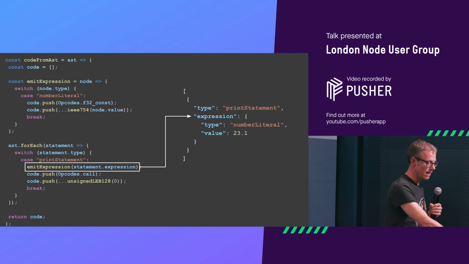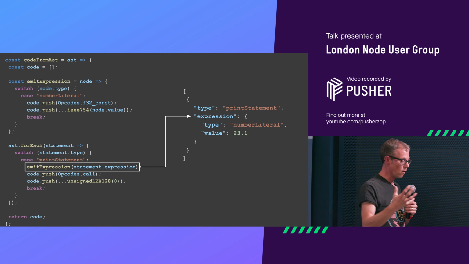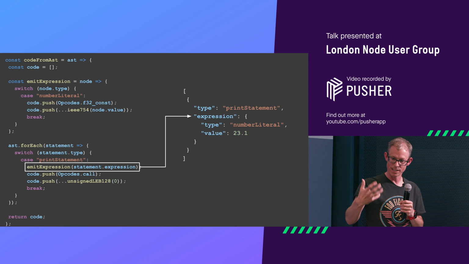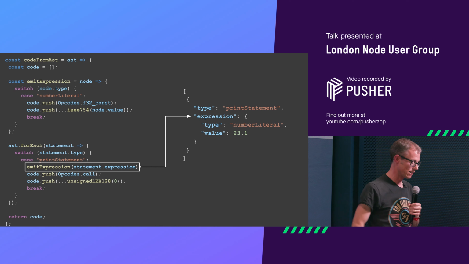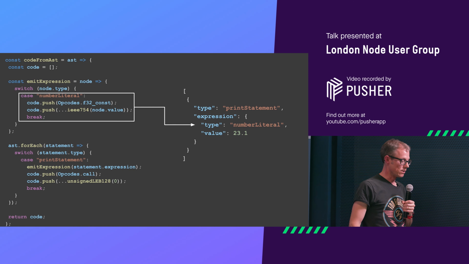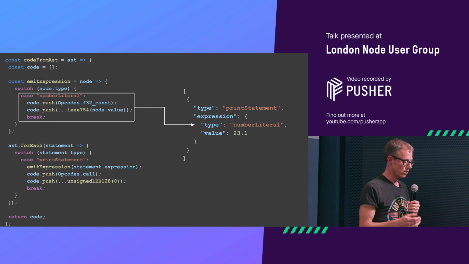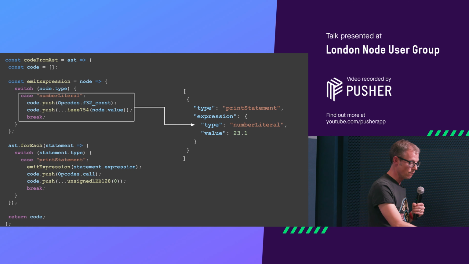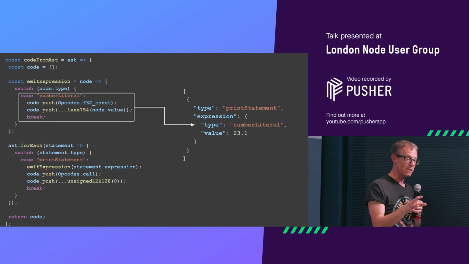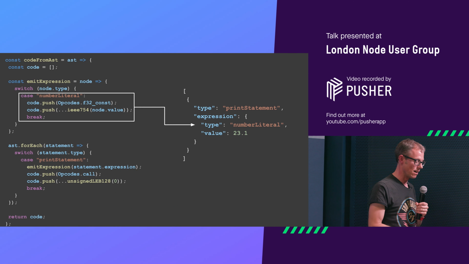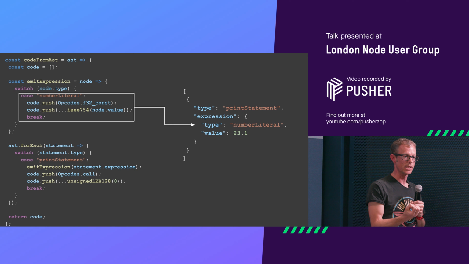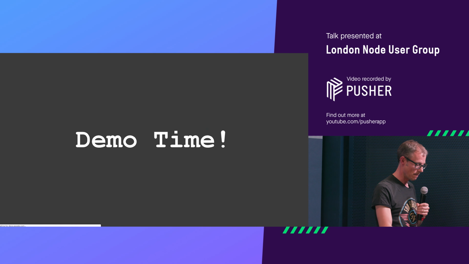So we're emitting the expression before we emit the WebAssembly encoding of the print statement. We've moved on to the expression emitter, and at the moment all we have is number literals, and we're outputting some WebAssembly that's hopefully vaguely familiar from the previous slides. We're outputting a constant opcode with the value given in our abstract syntax tree.